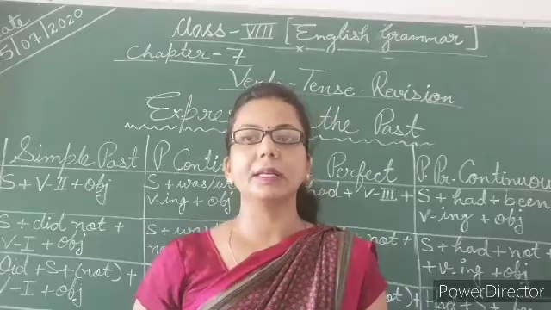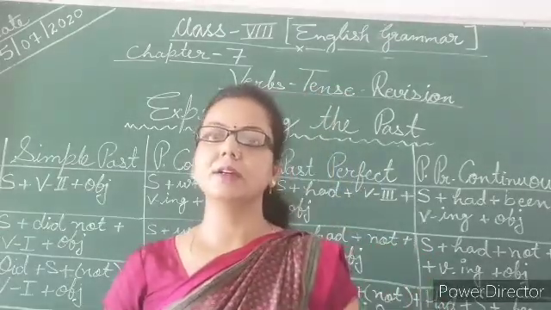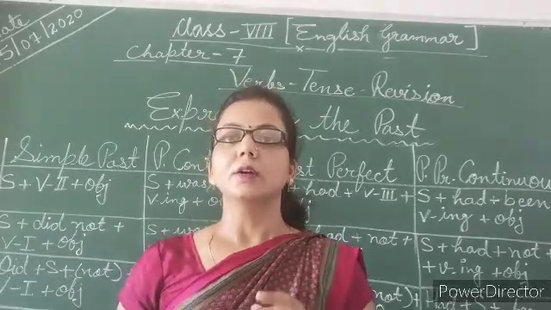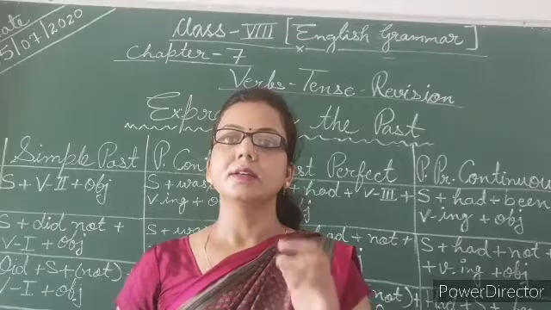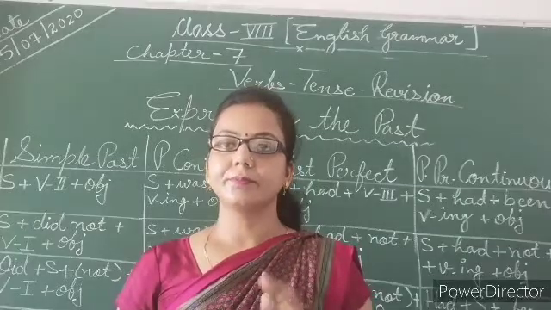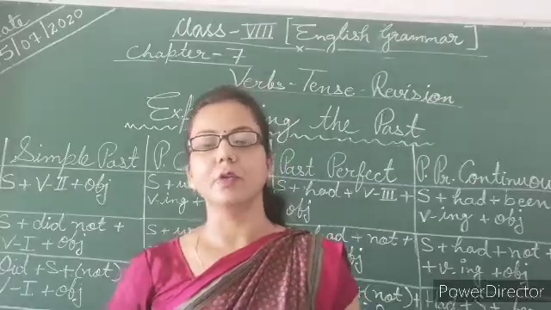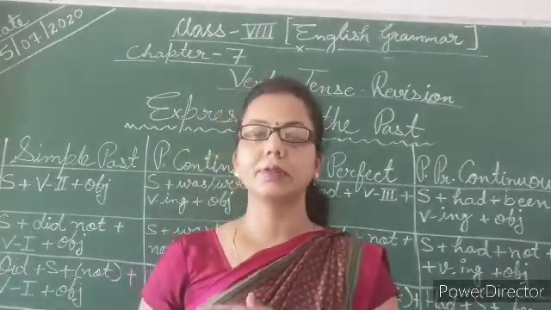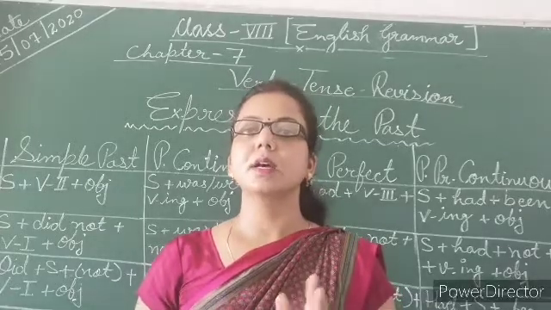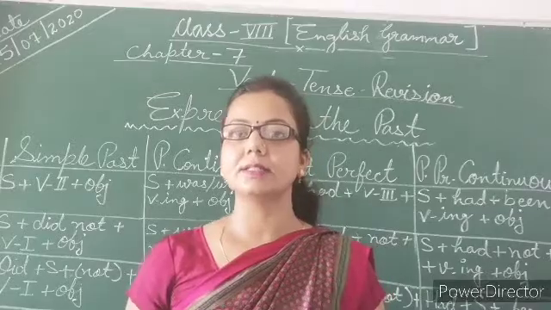This is again very easy. As I told you in my earlier videos, whenever the word continuous comes to your mind, just remember that you need to use the verb's ing form. Whatever verb is given, just use the ing form, like going, drinking, this type of thing.